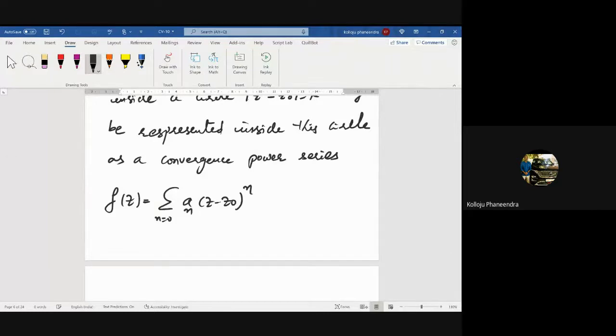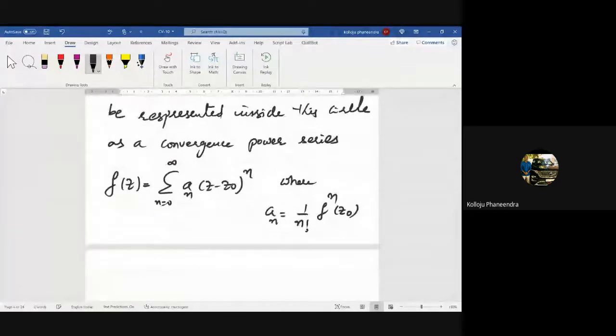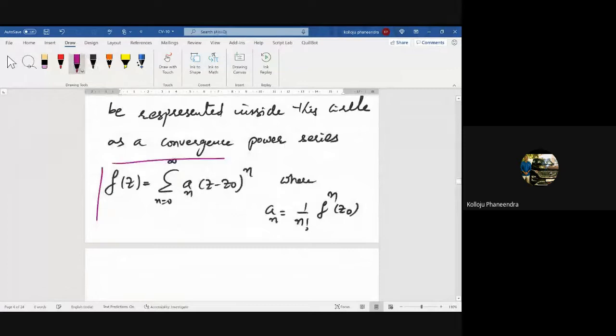Where n is from 0 to infinity, and a_n, this is very important, a_n equals 1 by n factorial times the nth derivative at z0. This is the Taylor series expansion.